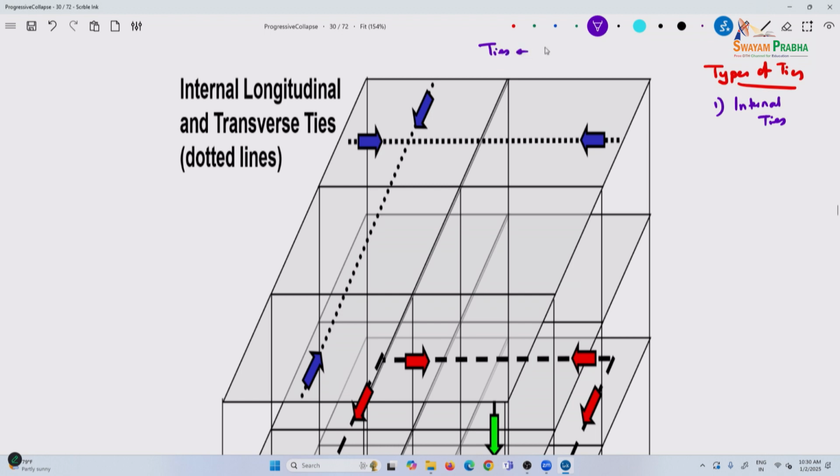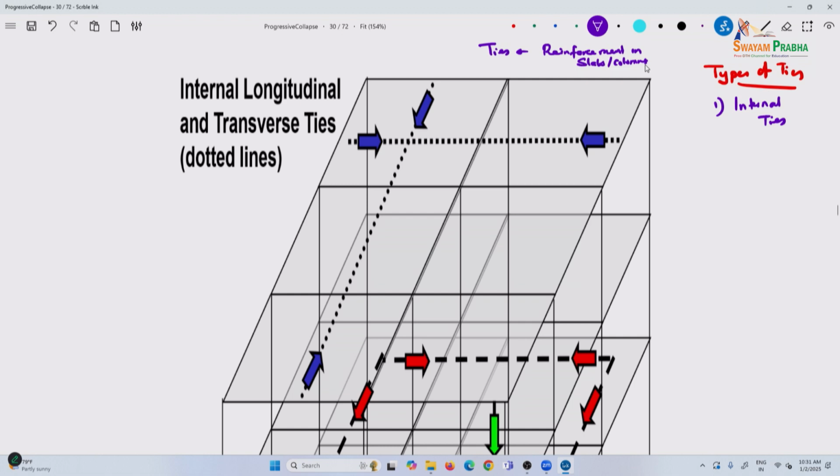So, ties are reinforcement in slabs and columns. We will see that we try to avoid adding reinforcement to the beams itself, because that affects the beam behavior.